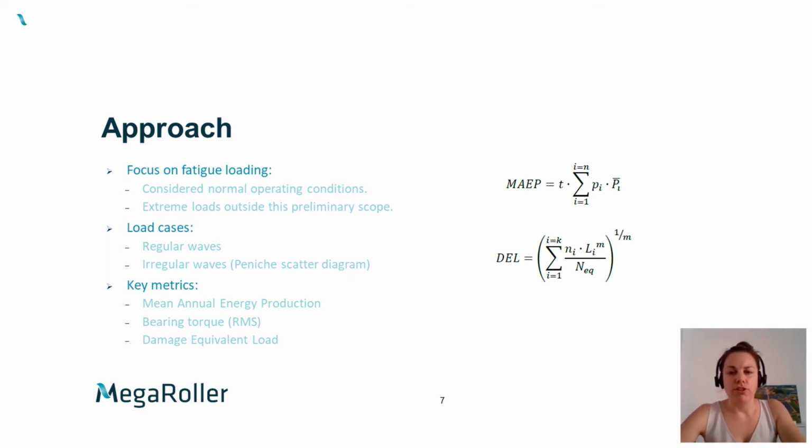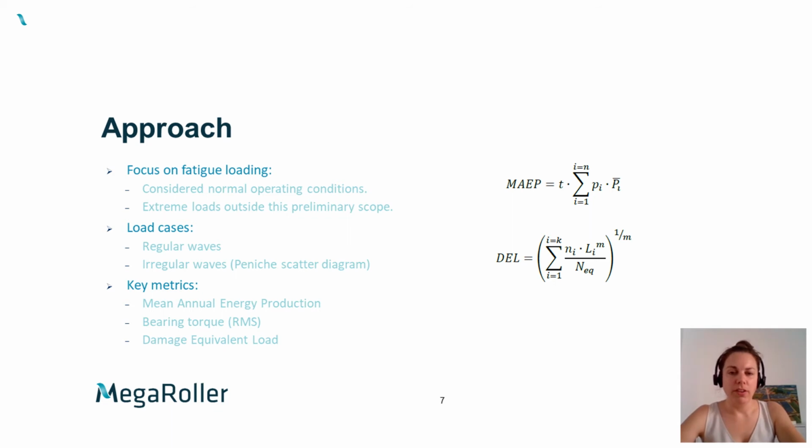We considered a range of regular and irregular waves, taking as basis the wave conditions at the Peniche site in Portugal that is used as a reference throughout the MegaRoller project. As key metrics that we focus on in this study, for performance, we estimated the mean annual energy production.